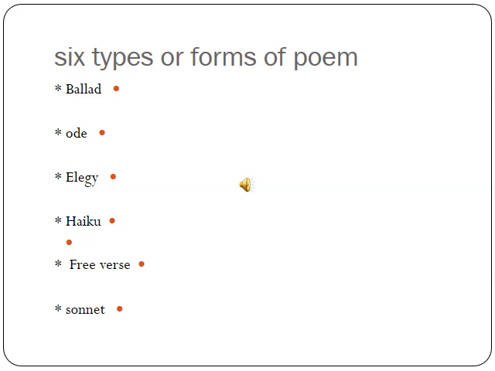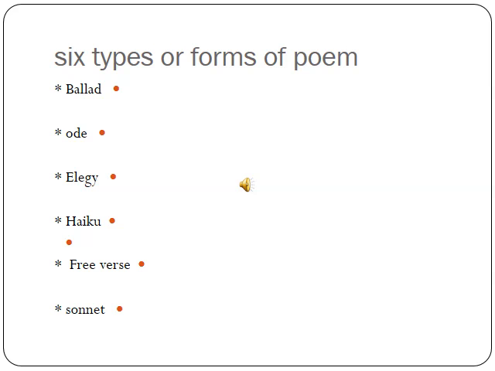So now these are the 6 types or forms of poem. First one is ballad, then ode, then elegy, then haiku, then free verse. The last one is sonnet.